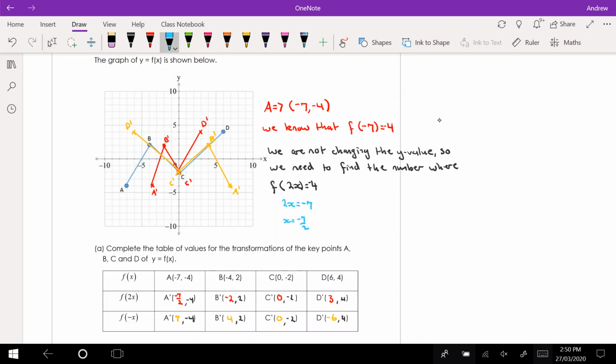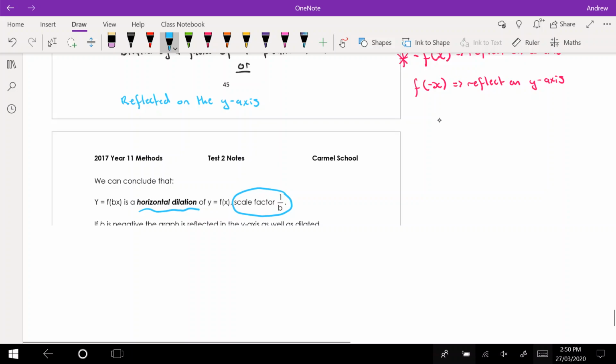And we said that negative 7, negative 4, so you know that function of x when negative 7 equals 4. Well, now we want to find out the function of 2x that equals negative 4. So we have to divide that x coordinate here by 2 to get the new transformed coordinate. That's why it dilates by a factor of 1 over the number, which is why we divide these coordinates here by 2 now. Yep? Yeah.